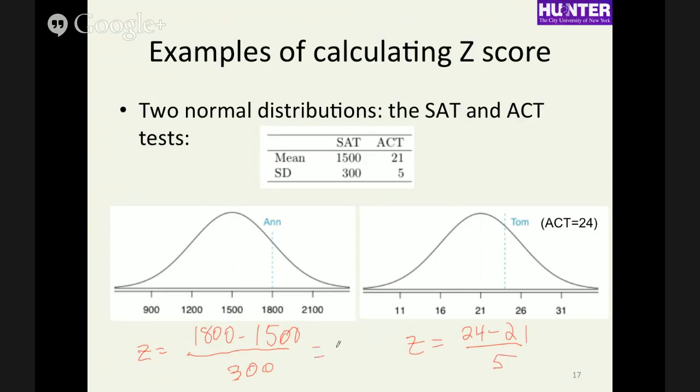So this is 1, and this is 3/5. So who did better relative to their peers? Anne. Yep. And we will get shortly now to saying just how well each of them did relative to their peers. And for that, we're going to need probability tables or the empirical rule.